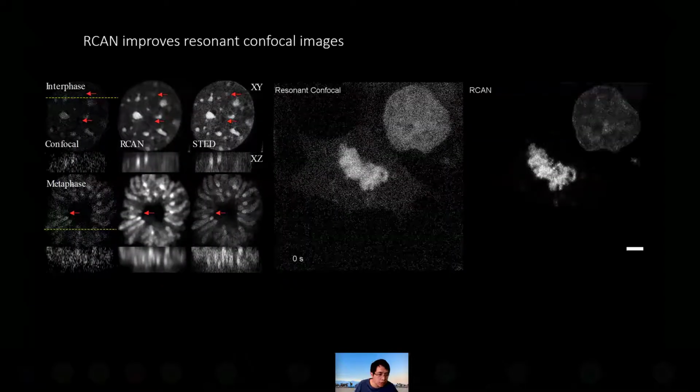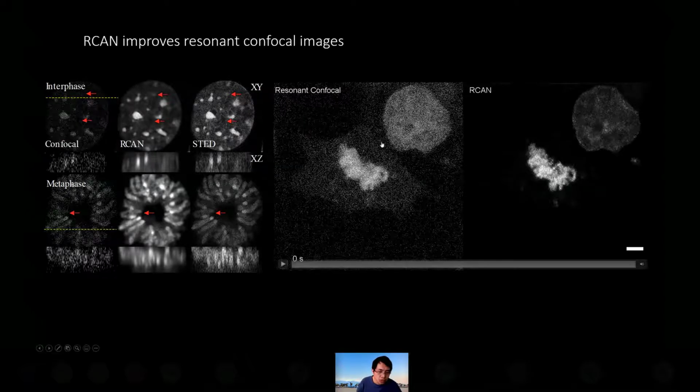So in the third example, we trained RCAN with pairs of different mitotic stages from mammalian cells. The nucleus was stained with a DNA staining dye, silicon-rhodamine, and as you can see, the different mitotic stages in the image that's shown here. So this model was trained. After that, we applied this model to the live cell resonant confocal images.